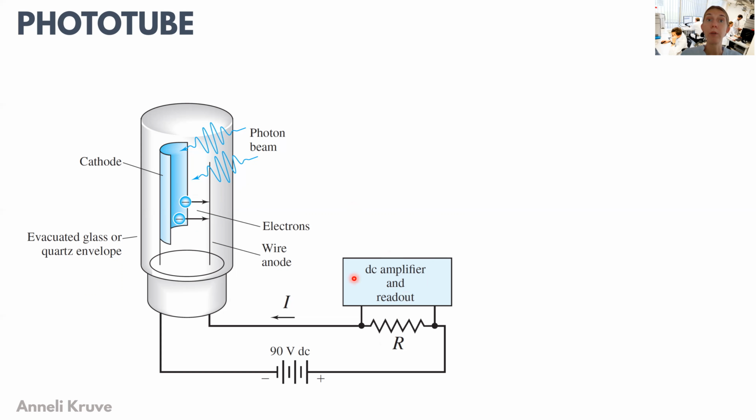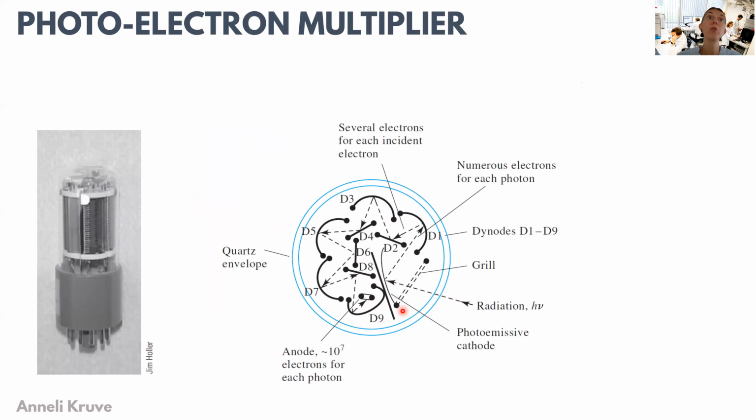which can then be measured by the direct current amplifier. A similar system is also used for photoelectron multipliers, but here we don't have one electrode, we have multiple anodes.